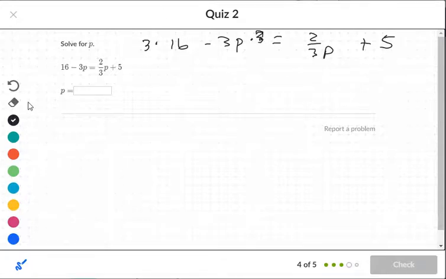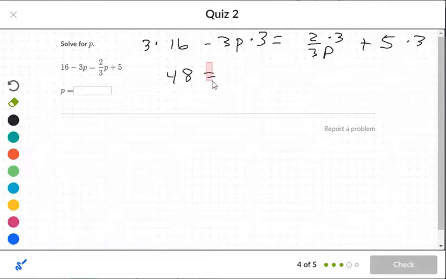So let me write a better 3 here. So I'm going to times all the top numbers I see by 3. So times by 3, times by 3. So 3 times 16 is 48.